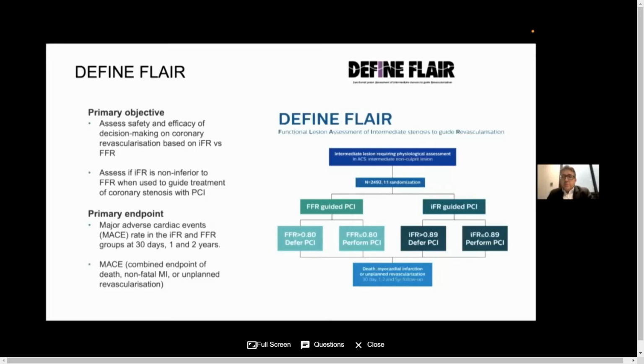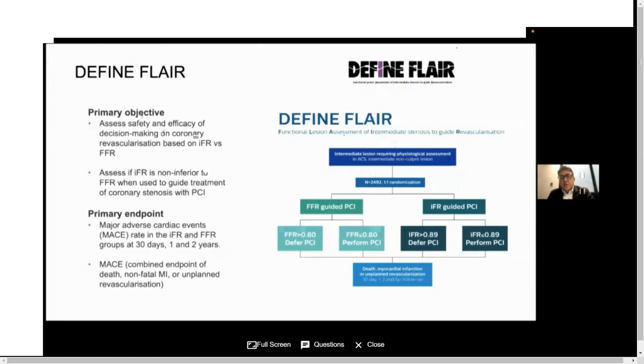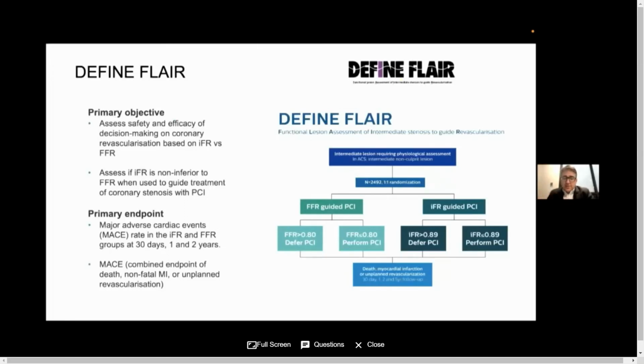It was a blinded study, so the patient didn't know which arm they were in, nor did the follow-up team. We classified the MACE, the major adverse cardiac events, and reported these at 30 days, 1 year, 2 years, and we'll report 5-year data soon as well. MACE was a combination of death, non-fatal myocardial infarction, and unplanned revascularization.